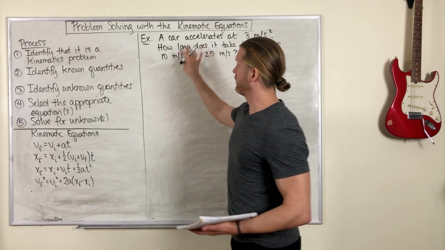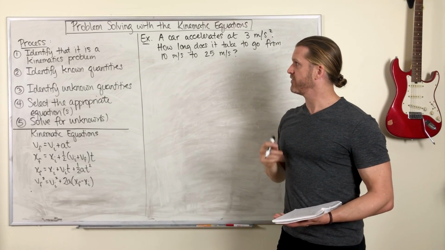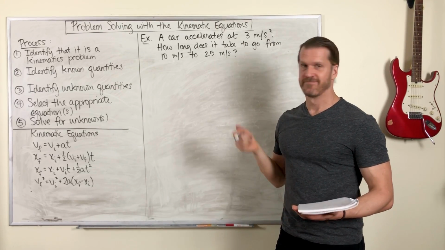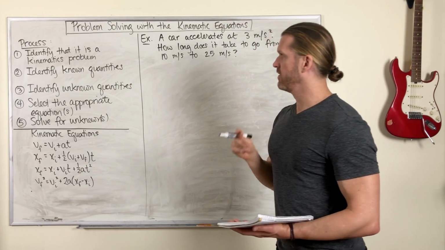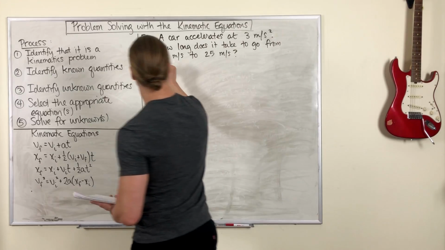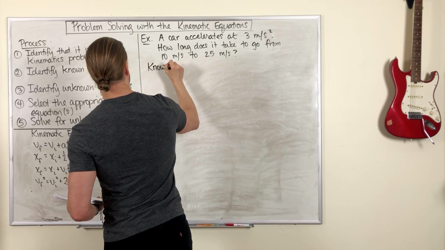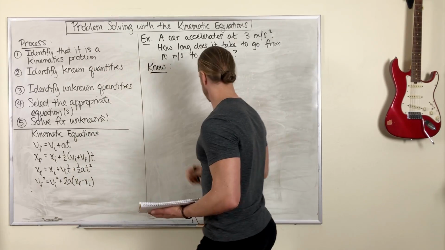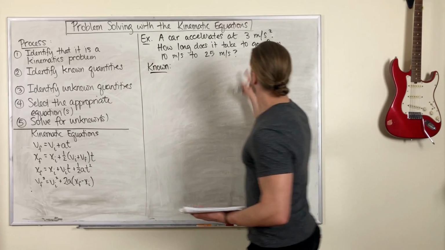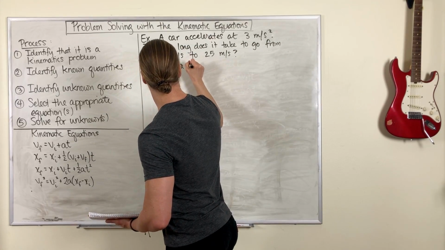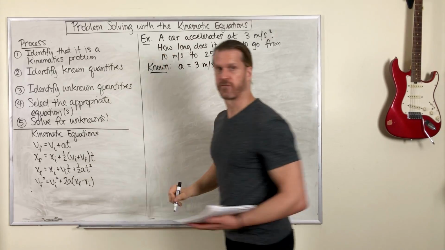Okay, so let's solve this problem using our problem-solving process. First, identify that it's a kinematics problem. I'm telling you right now it's kinematics. Second, identify the known quantities. So let's write down what we know. Known quantities: the car's acceleration has a value of 3 meters per second squared.